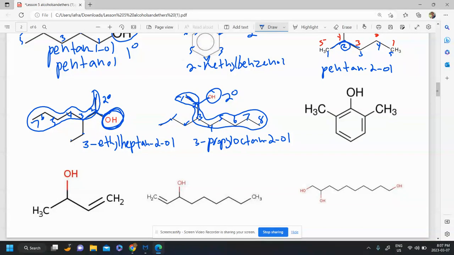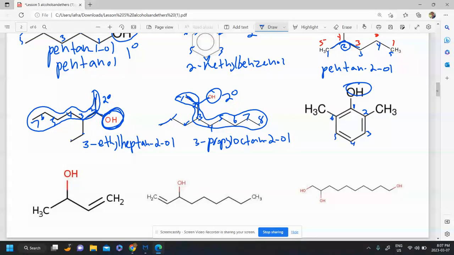Okay, let's go on to this one over here. So we have an OH group here. We've got to start numbering to get the lowest possible number for the alcohol, if possible. And so in this situation, it would be the 1 here, then 2, 3, 4, 5, 6.